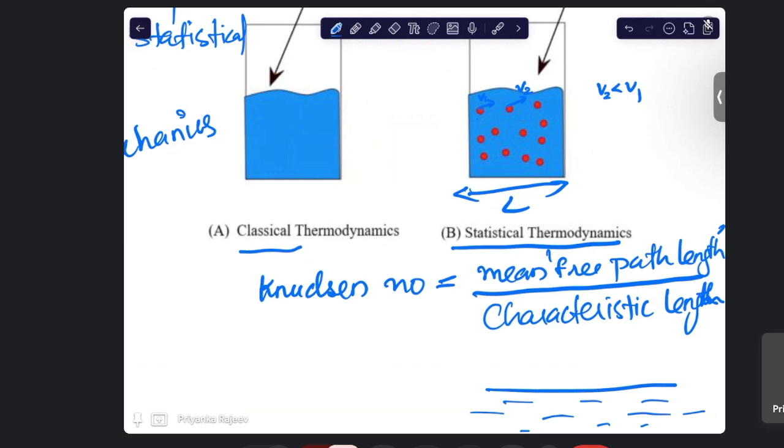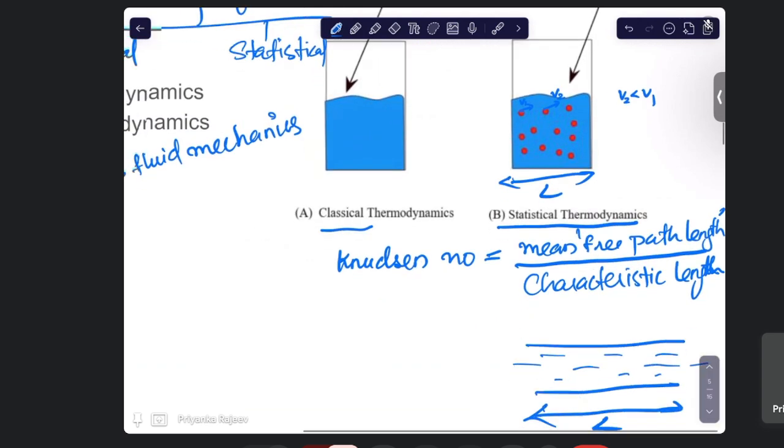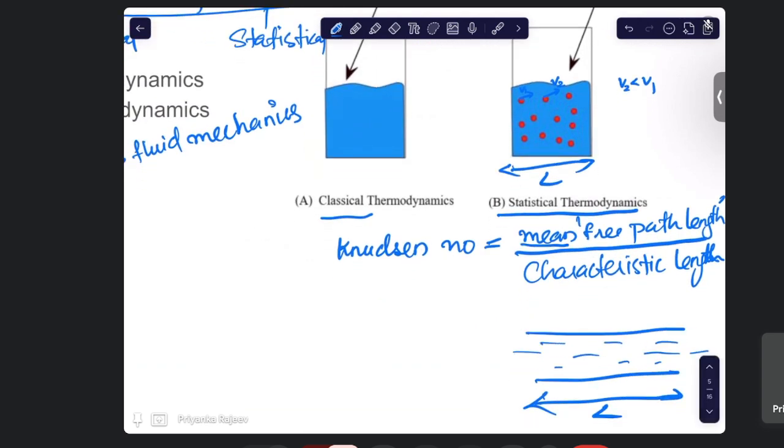For every molecule that will be different, because it's a random motion happening with all these molecules. So we take an average approach to get a single quantity, where we take the mean of the free path lengths of the individual molecules.